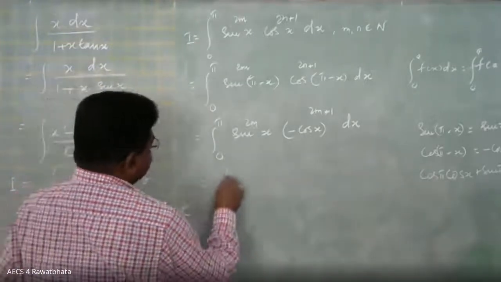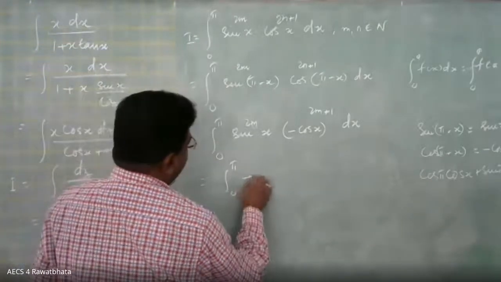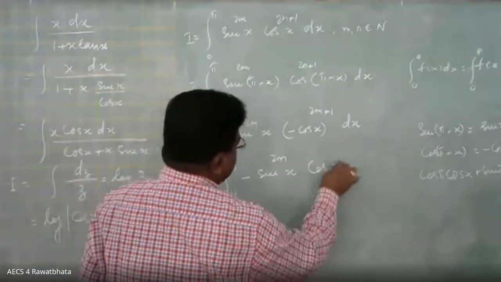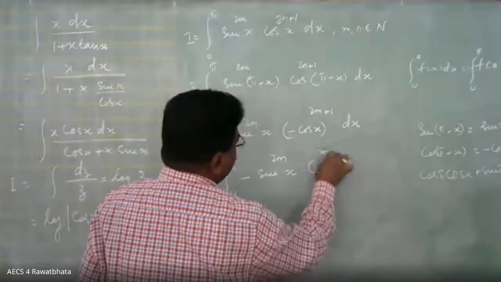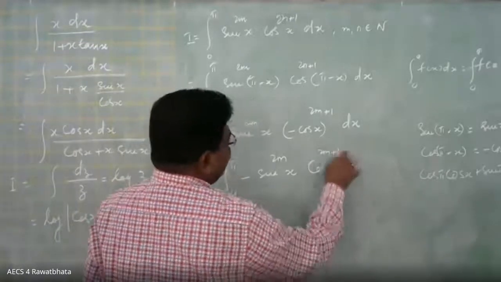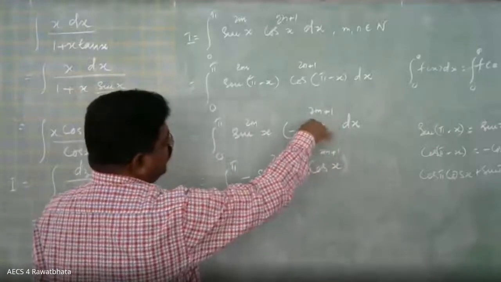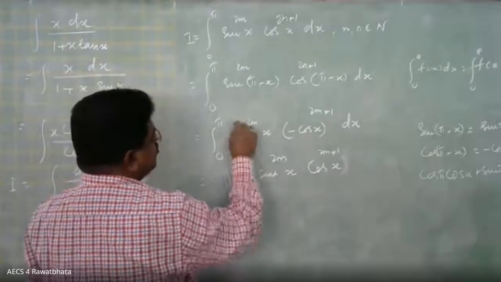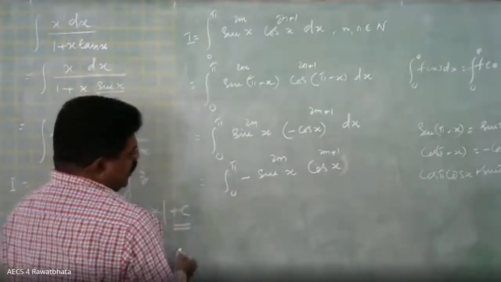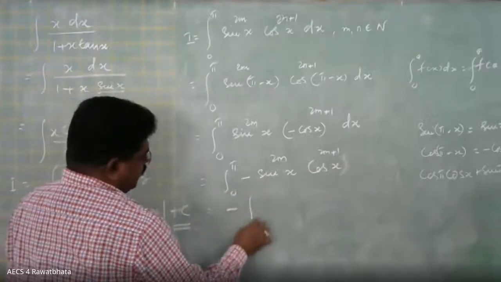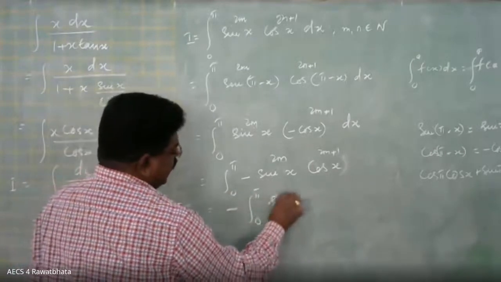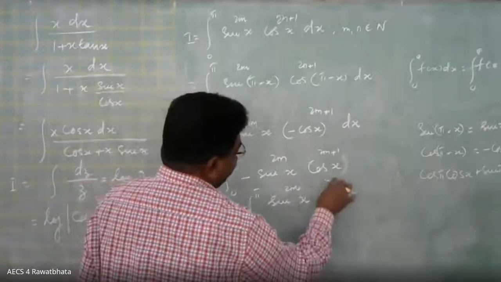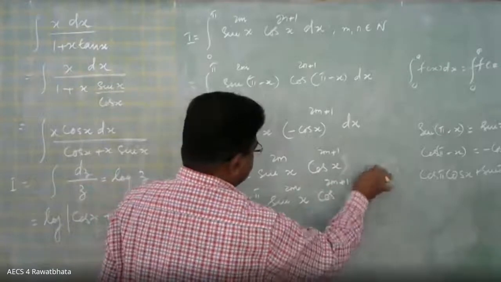So this is equal to the integral from 0 to pi of minus sin x to the power 2m and cos x to the power 2n plus 1. The odd power gives the minus sign, and the sin power is even. So this is equal to minus of the integral from 0 to pi of sin x whole to the power 2m and cos x to the power 2n plus 1 dx.